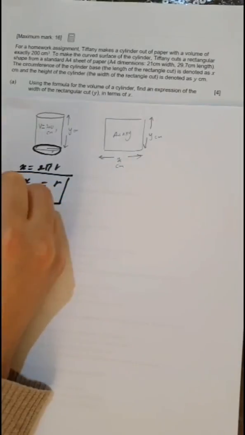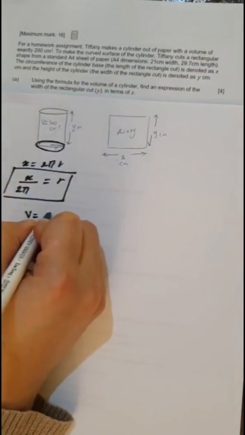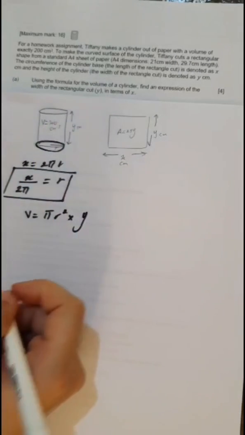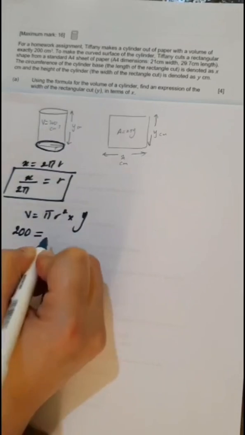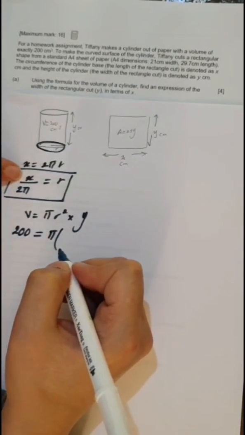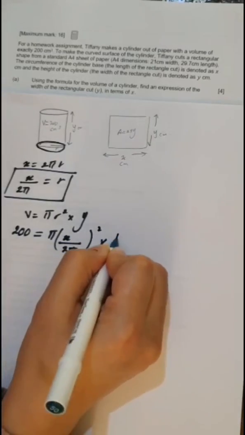This will lead me to get y from the given volume. We know that the volume of this cylinder will be pi r squared multiplied by this y. And now, if they give me that the volume equal to 200, so it will equal to pi multiplied by r squared, what we found before, which is x over 2 pi, all of this squared multiplied by y.